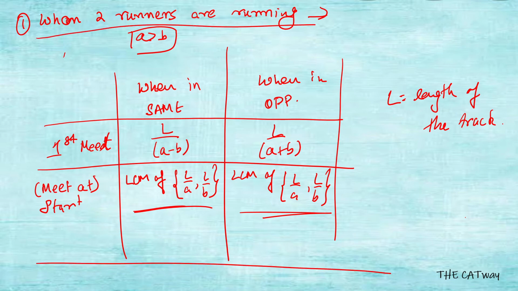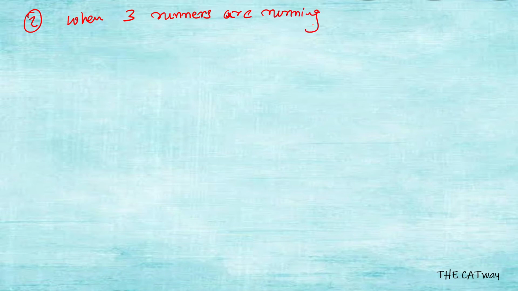Now let's move towards the second case, where three runners are running. Again, the same cases will be there: first meet and meet at start.